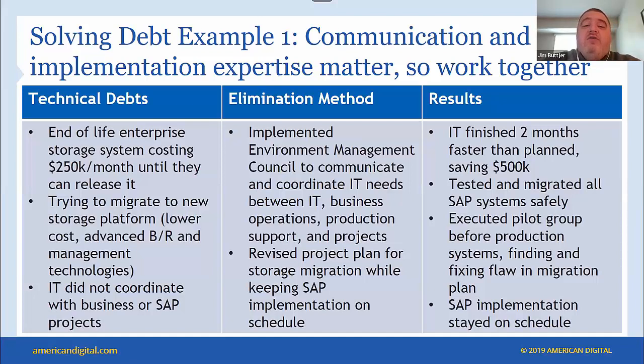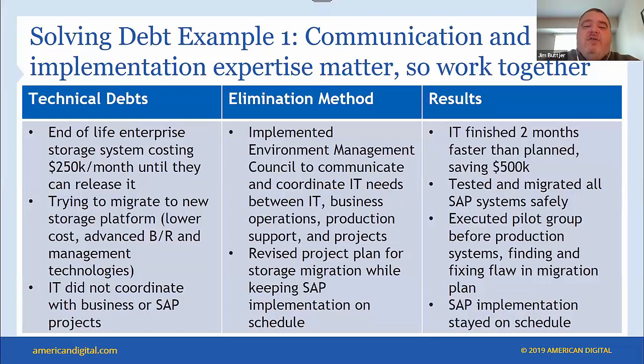Well, unfortunately, IT was not communicating with the business and with production support, and they were just doing it. Fortunately, we had set up an environment management council to communicate and coordinate between different groups and stakeholders who have different leaders and different budgets and different tools for managing change.